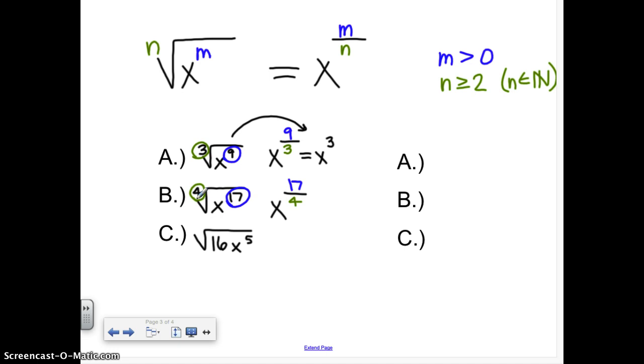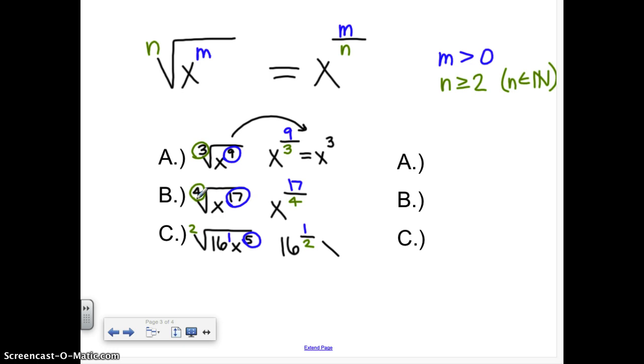Now, in the last one, the index is understood to be 2. 16 is to the 1st, and x is to the 5th. So when I split this up and totally make it happen, I have 16 to the 1/2, because 16 has an exponent of 1, and the index of my radical is 2.